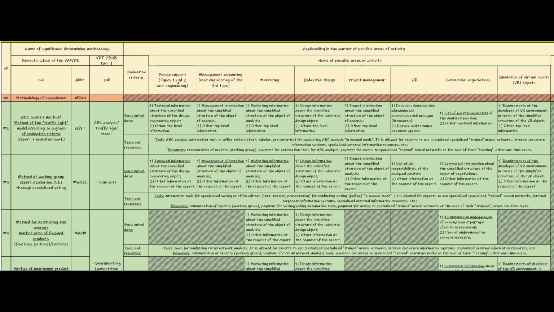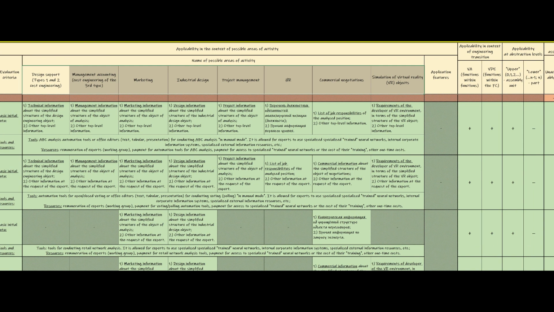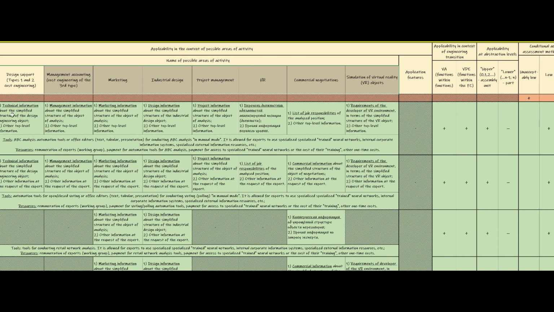In the evaluation criteria column for each methodology, a division is made into basic initial data and tools and resources. The sub-blocks of the possible areas of activity block fully correspond in name to the conceptual blocks of the cost engineering channel, which makes it possible to limit the applicability of techniques in various fields, namely design management, accounting, industrial design, marketing, project management, HR, commercial negotiations, and modern virtual reality objects.